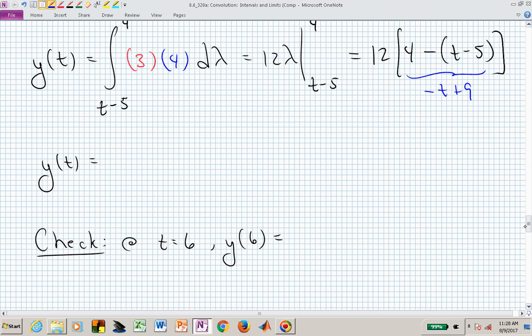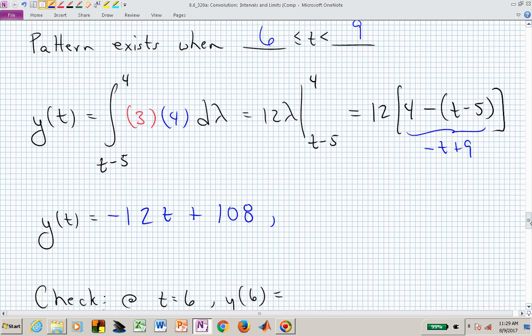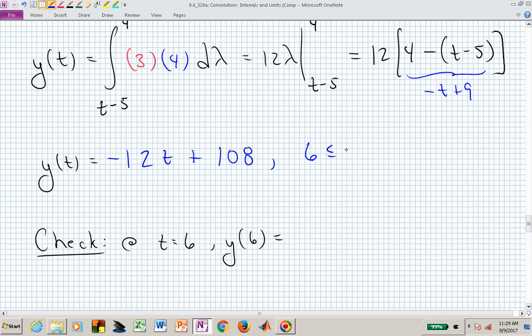And if I now scale that by 12, I end up with minus 12t, and 9 times 12 is a little bit more than 100, or it's now going to be 90 plus 18, or 108. And that's true as long as t lives between 6 and 9.